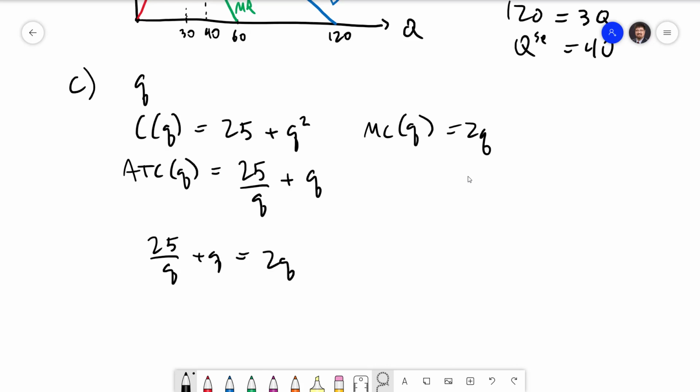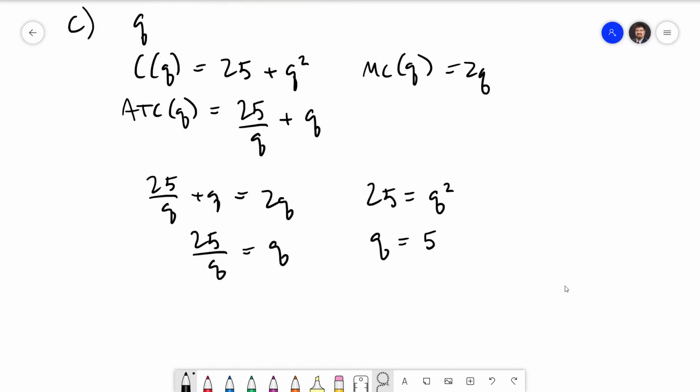Subtract q from both sides is going to give us 25 over q equals q. Multiply both sides by q to get 25 equals q squared, and then take the square root of both sides to get q equals 5. This is going to be our long-run quantity per firm.